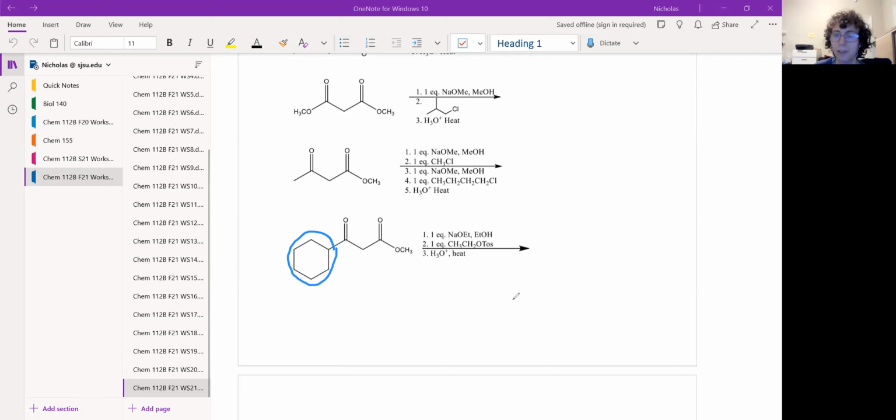It's a cyclohexyl group. But it's the same core, ketone and ester, beta to each other. And it's going to react similarly to acetoacetic ester.